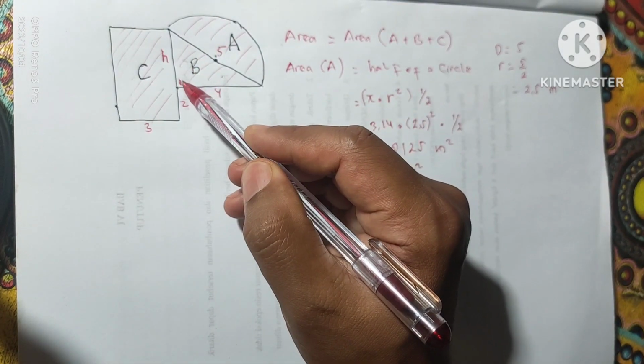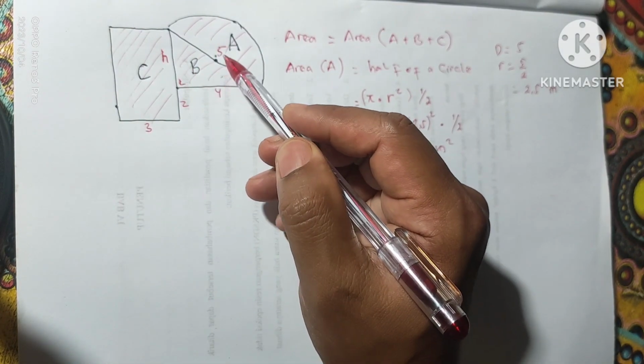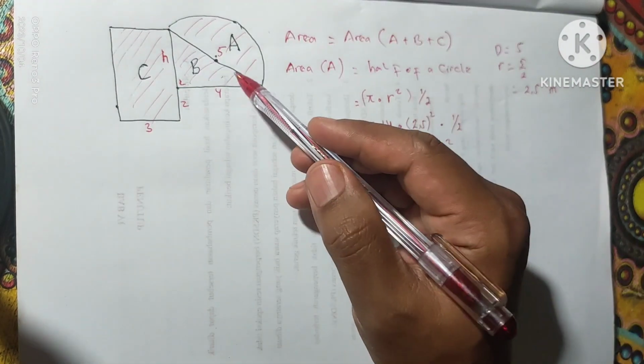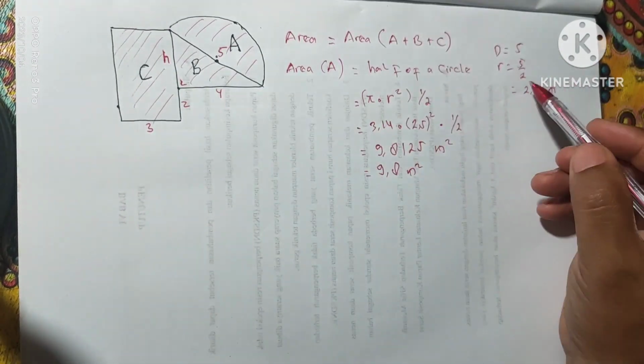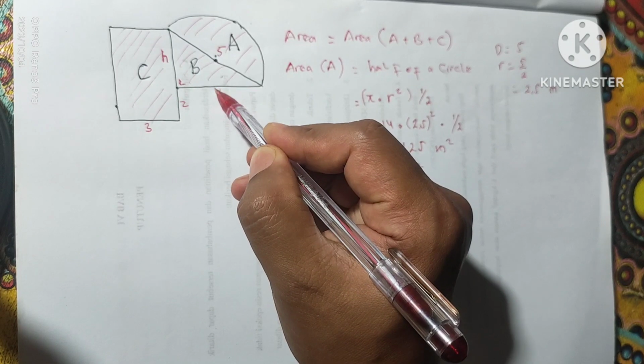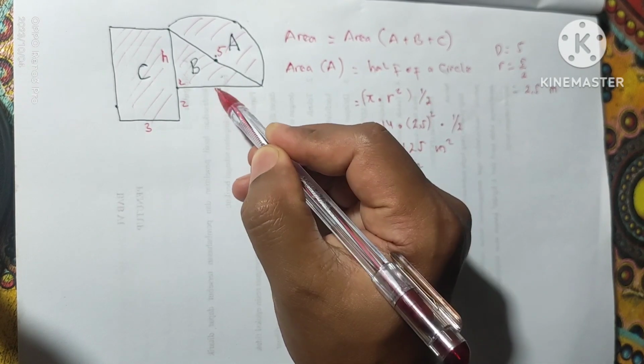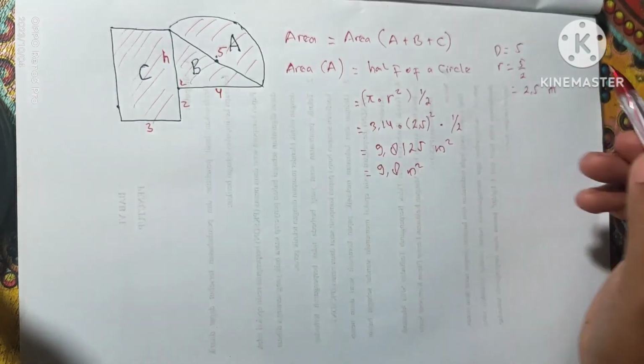Because this is a right triangle, we can use the Pythagorean formula with these numbers.